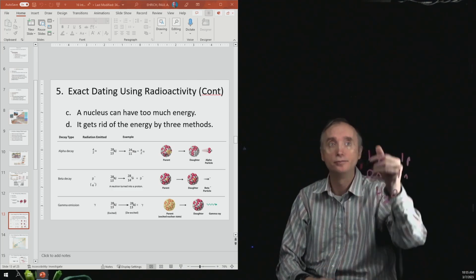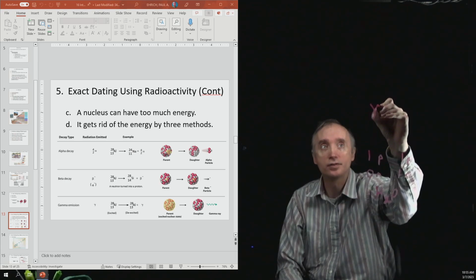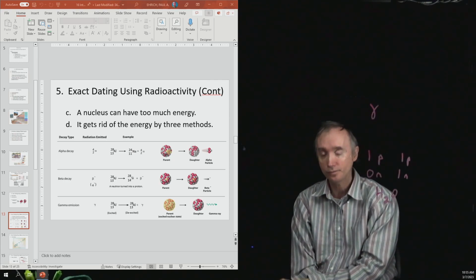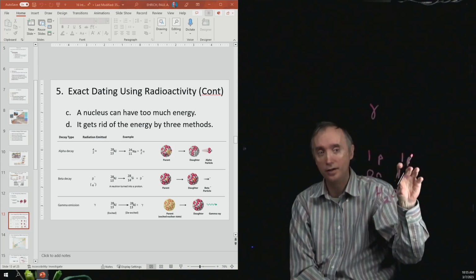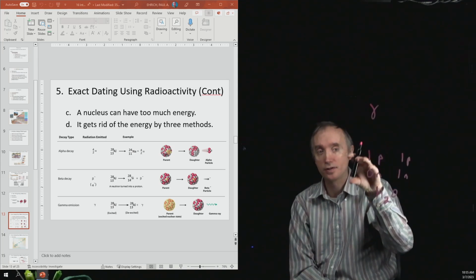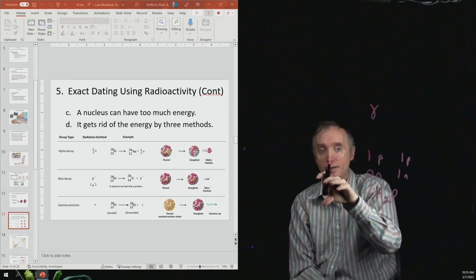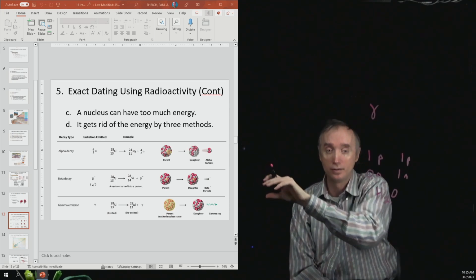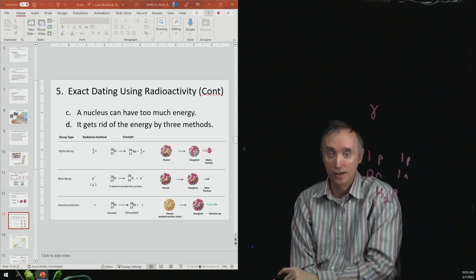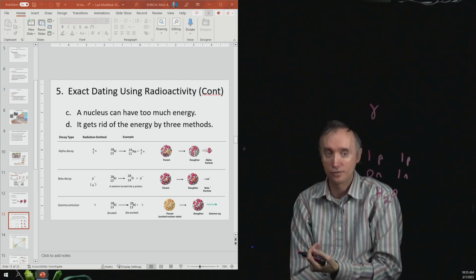A gamma ray is a type of electromagnetic radiation. On the electromagnetic spectrum, you've got radio, next to it is infrared, then visible light, then ultraviolet, then X-rays, and then gamma rays. Gamma rays give off the most amount of energy.